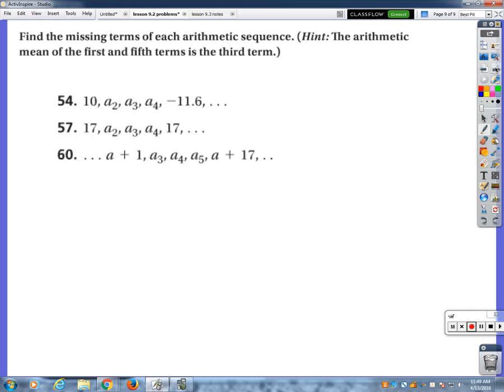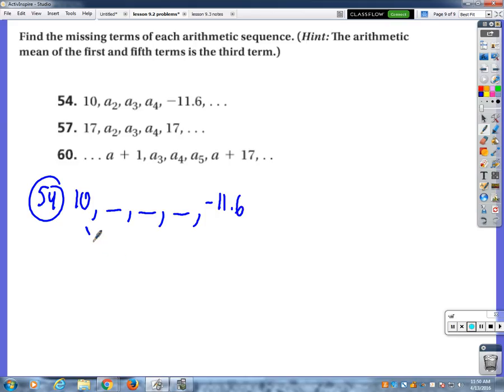Okay, so there's a couple of different ways that you can do this. The first way we kind of talked about a little bit yesterday. If I'm trying to get from 10 to negative 11.6 in one step, what would I have to subtract to get from one to the other? 21.6. Okay, good.